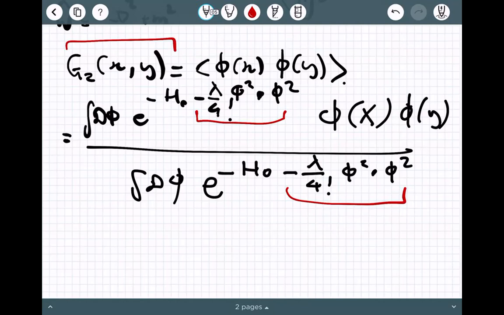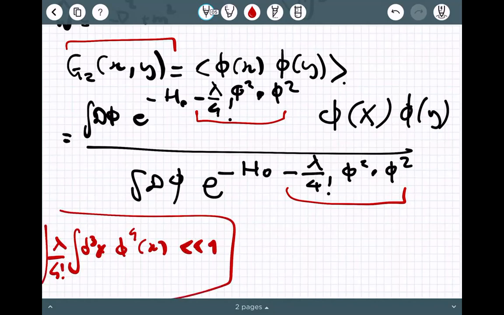Right? Or more precisely, what we are going to assume is the following thing: the integral d3x lambda over 4 factorial phi to the 4th of x is much smaller than 1. Now, this is the physical assumption.